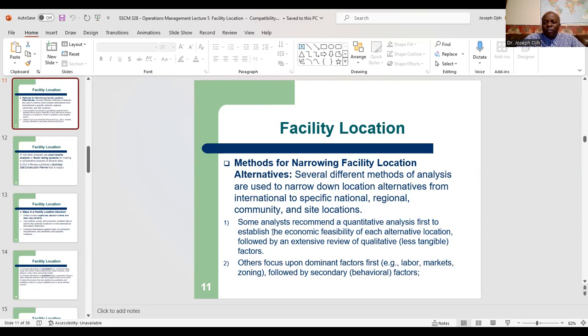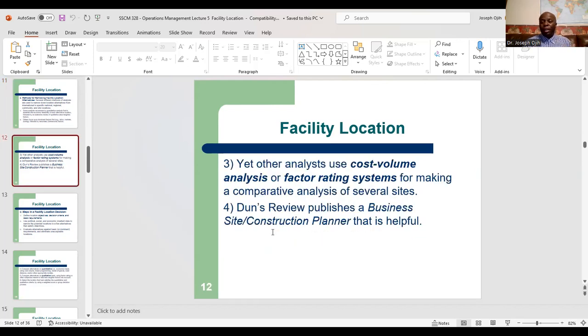labor. Is there available labor in the new location? The markets. Do you have the market there? I mean, is there a demand in that location for that product or service? Then some places have zoning laws. Then, of course, after that, you can look at the secondary factors. Now, we did this before already. I just wanted to refresh your memory.